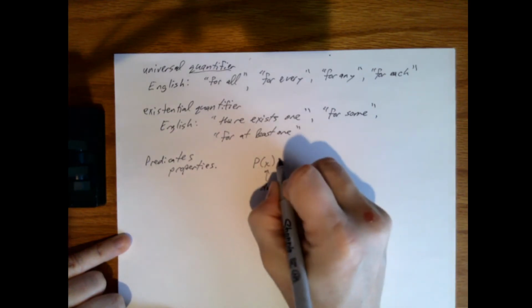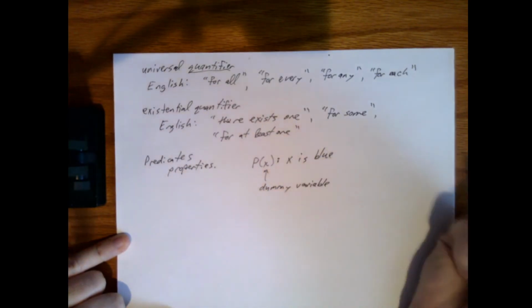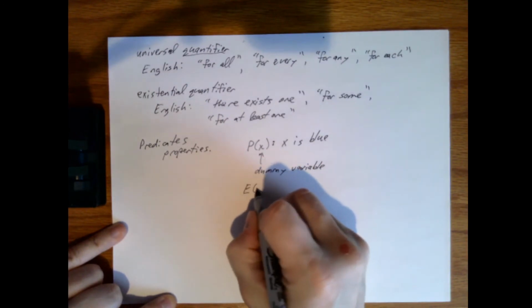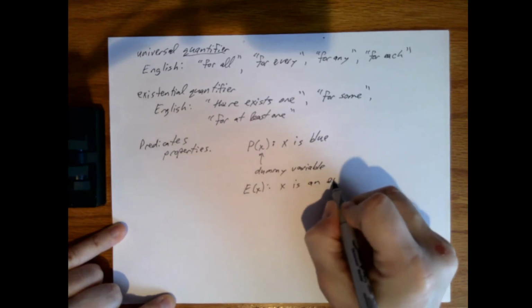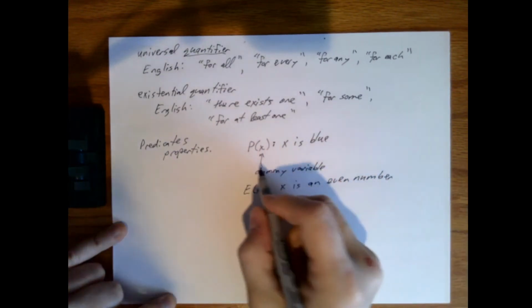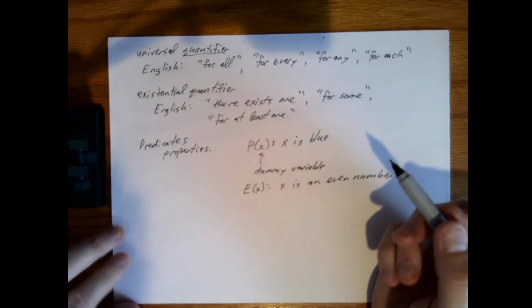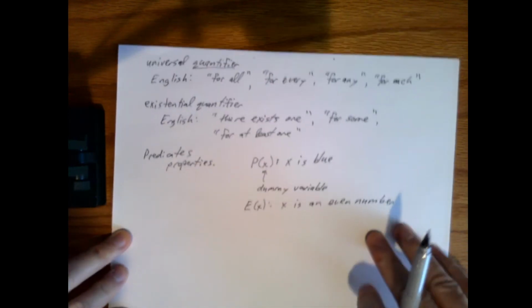P of x might represent x is blue. Or we might have capital E of x represents x is an even number. And once again, this would be applied to a particular domain that x is drawn from. Okay? So let's look at a couple of examples.